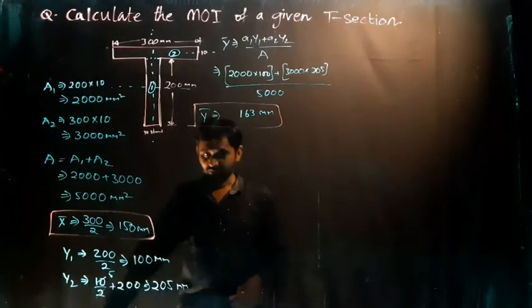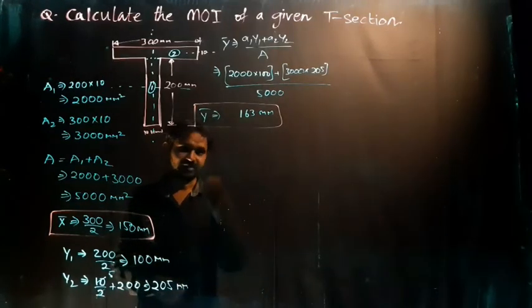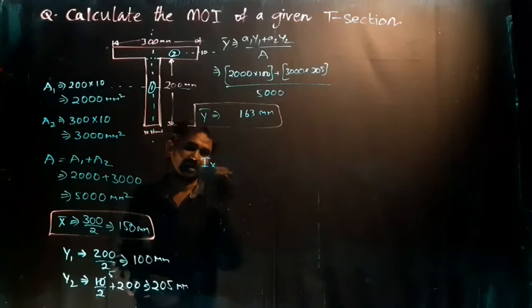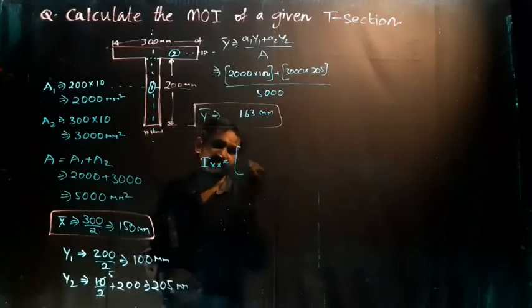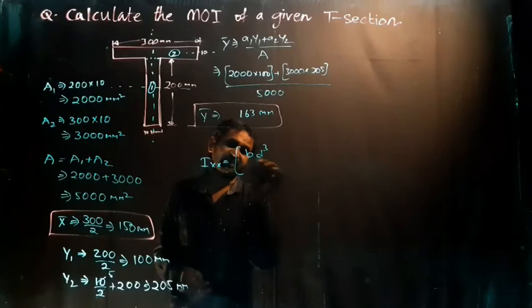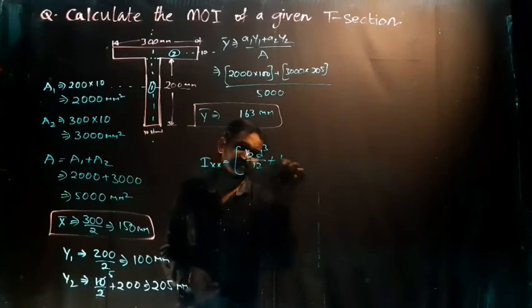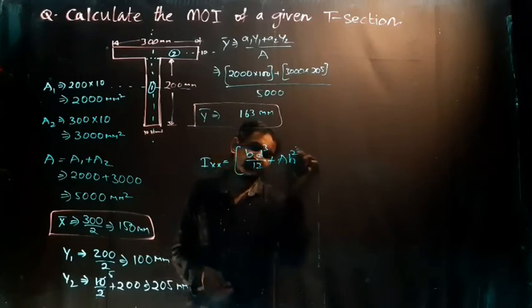So let's find out Ixx here. Here I am writing the formula of Ixx. Ixx equal to BD cube by 12 plus AH square.